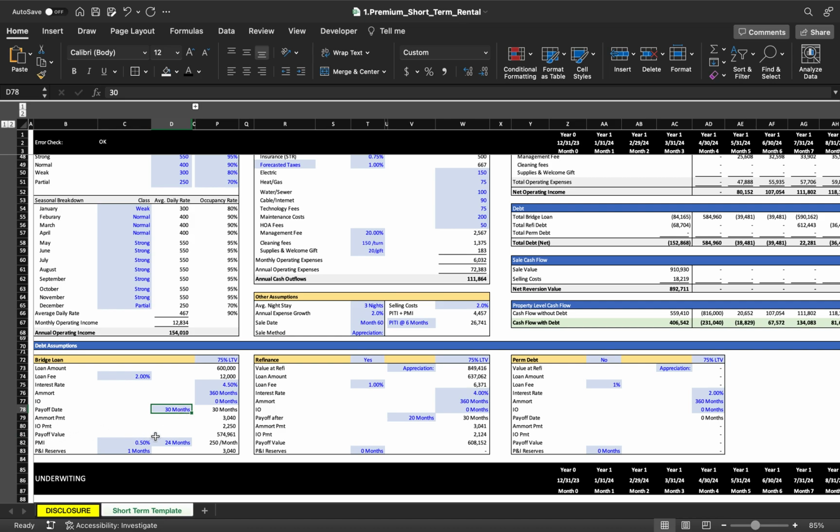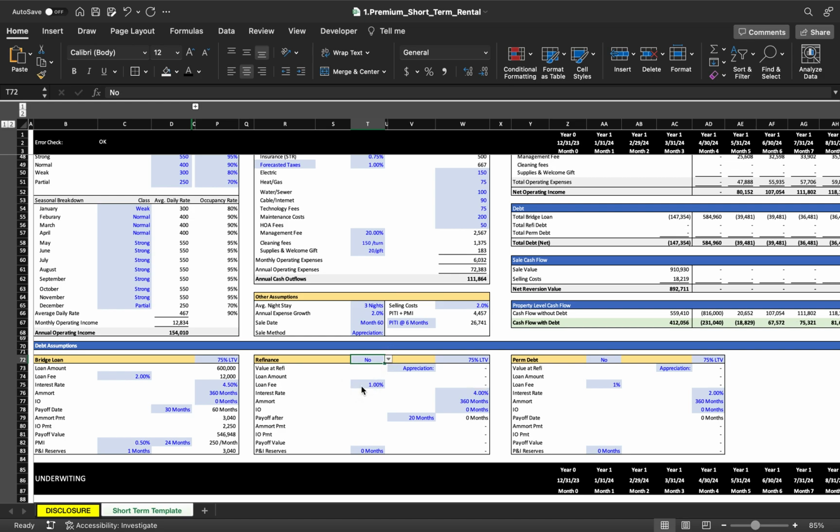We're saying that the private mortgage insurance is 50 basis points or 0.5% of the loan amount, and you're paying it over the course of 24 months. For principal and interest reserves, you just need 1 month's reserve that's being paid when you take out the loan, and then you are getting that back upon refi, which we're saying is happening in month 30 because this refinance is toggled to yes.